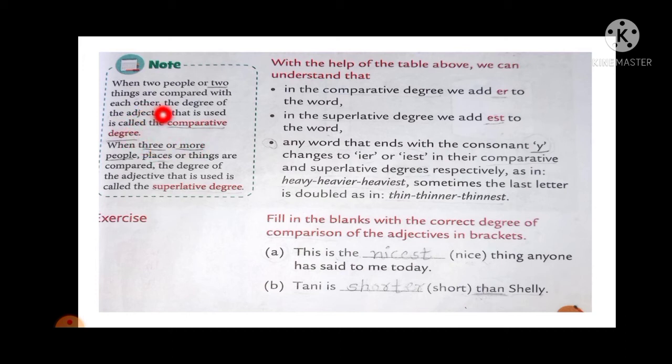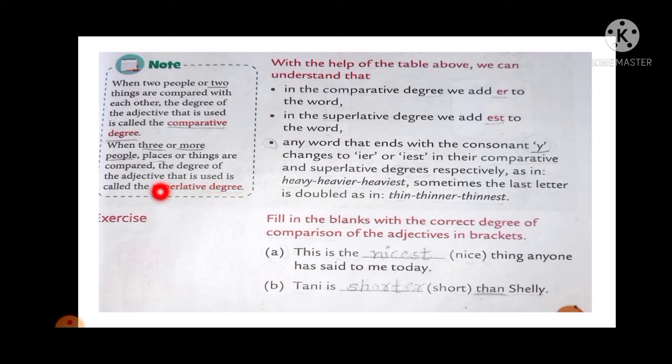So students, when we compare two things, or when we are talking about two things or two people, we have to use the comparative degree, and at that time we have to add -er and put "than". Now when three or more people, places or things are compared, the degree of adjective that is used is called the superlative degree.